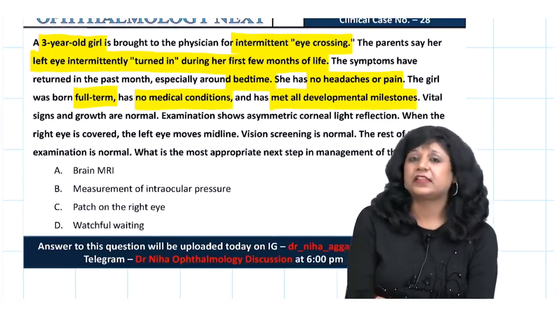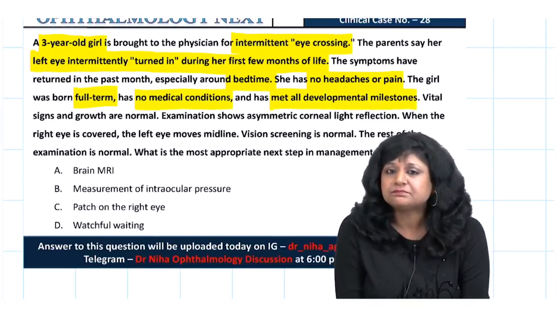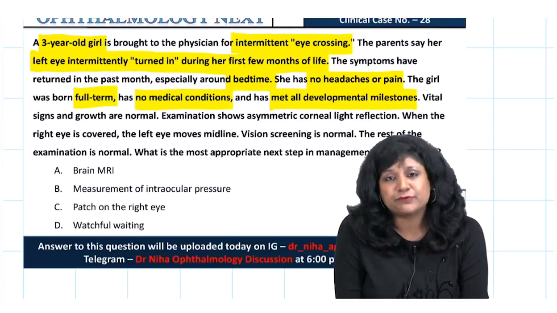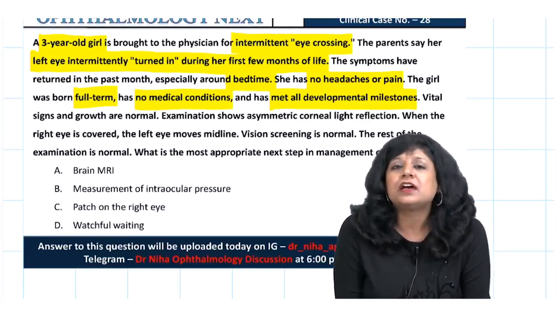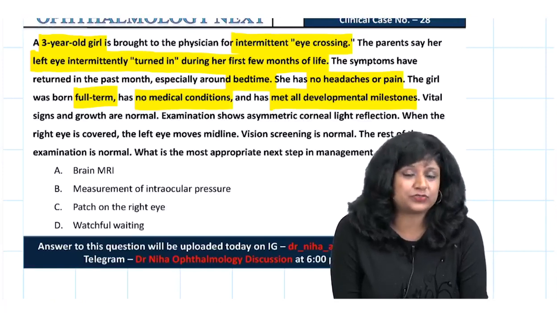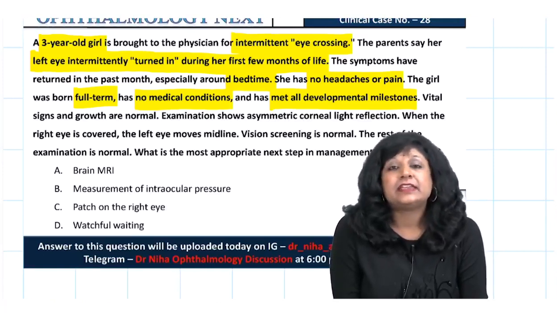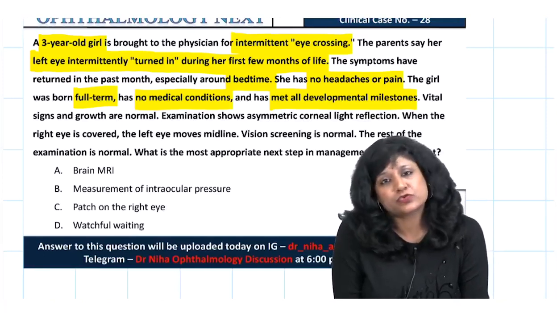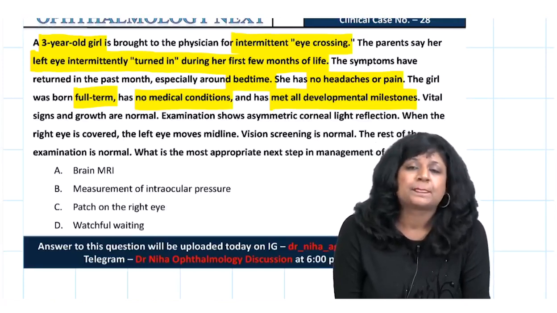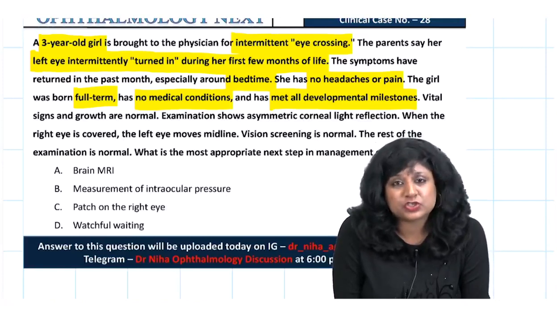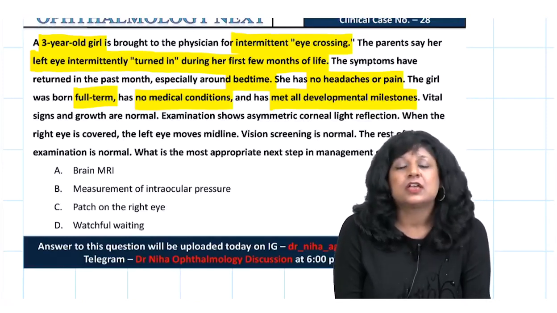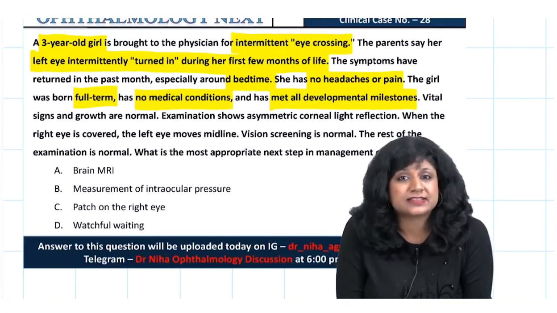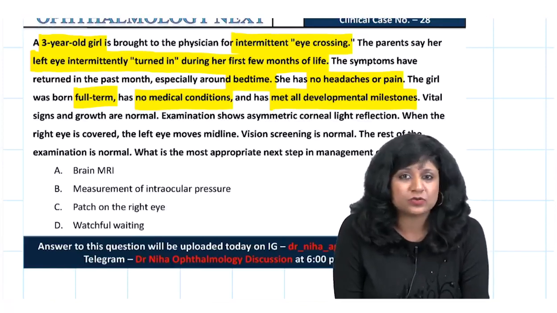So this is a good thing, that they have told us all the negative history, because whenever we are solving a case related to a neonate, infant, toddler, or child, we require certain history: was there any intervention at the time of birth, anything significant in the ANC history, any radiation exposure to the mother, or any drug history, history of fever with rashes, was the baby full term or not, were milestones normal or not, or did the baby have some kind of significant examination or history at the time of birth. So we do require all these things.